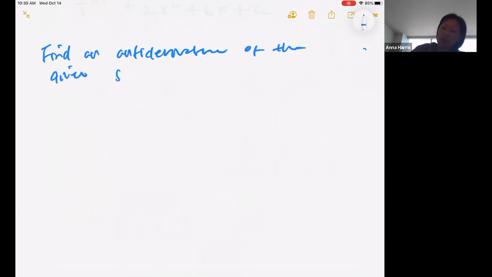All right, now let's look at another problem. So again, find an antiderivative of the given function.